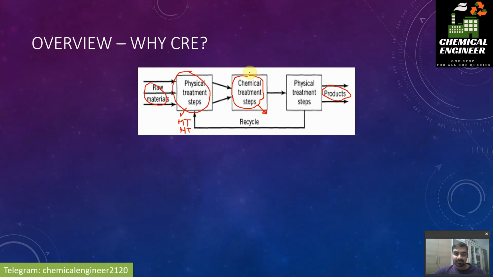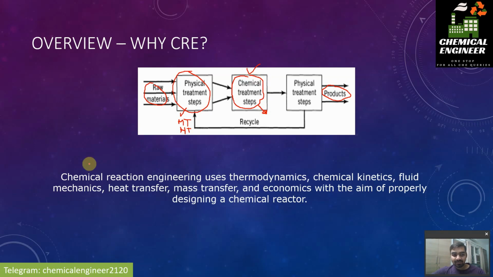This is the important step, and this step is governed by CRE, chemical reaction engineering. Basically we define it as: chemical reaction engineering uses thermodynamics, chemical kinetics, fluid mechanics, heat transfer, mass transfer, and economics, with the aim of properly designing a chemical reactor.